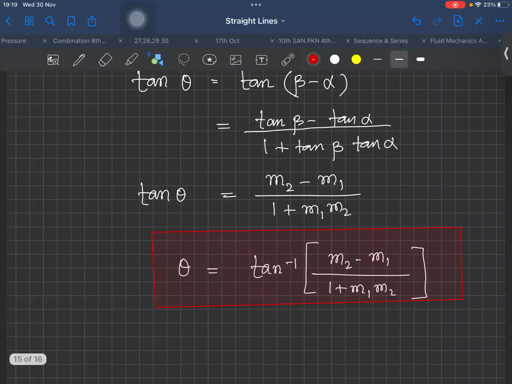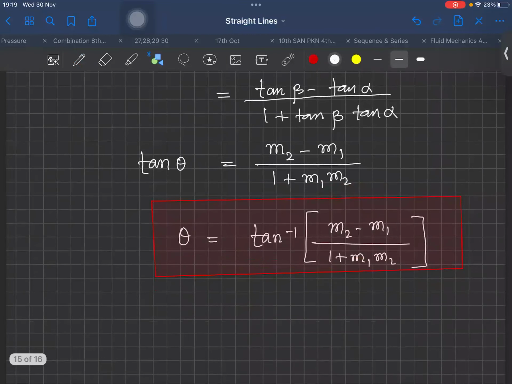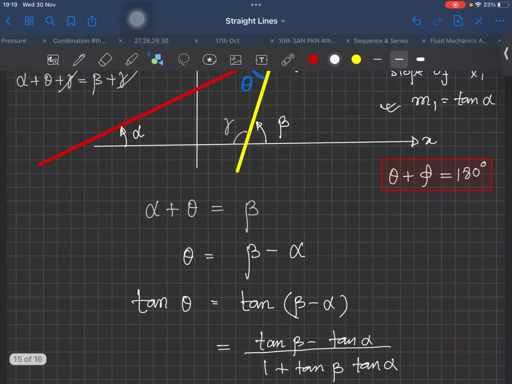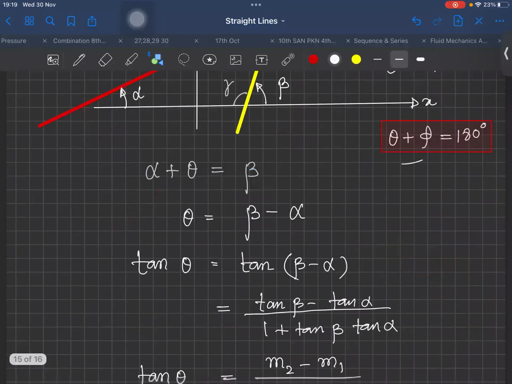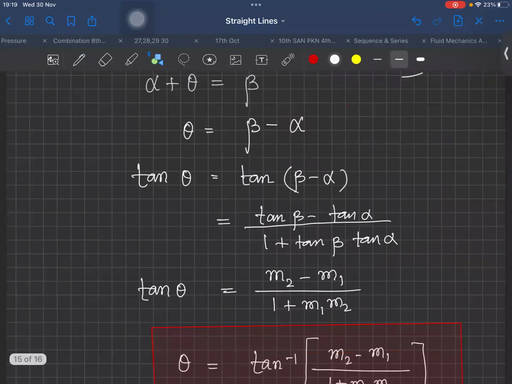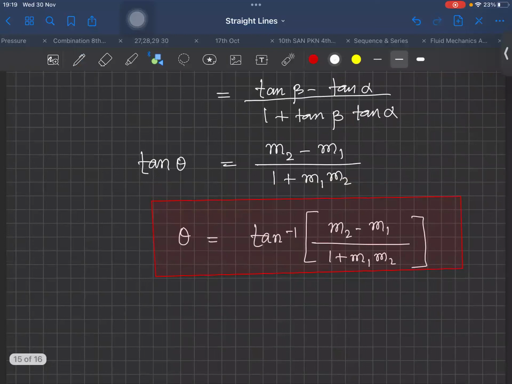See, there is one more angle, if you remember. Phi, right? There is one more angle, no? We know theta, so phi also. We can write phi is equal to 180 minus theta. So tan phi will be what?